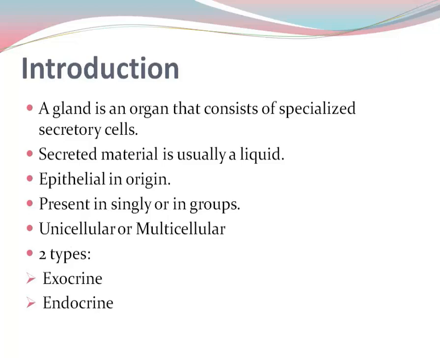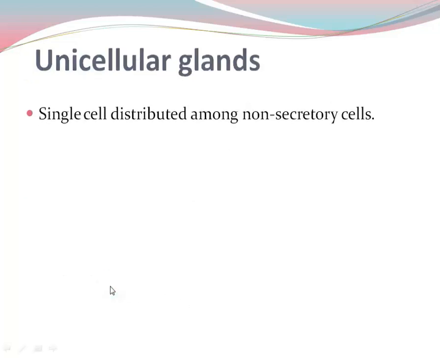Further, glands are mainly classified into two types according to their way of secretion, how it gets mixed with the blood: exocrine glands and endocrine glands. In the mammalian system, glands are either exocrine or endocrine. Thyroid is an endocrine gland, and here the salivary gland is an exocrine gland.